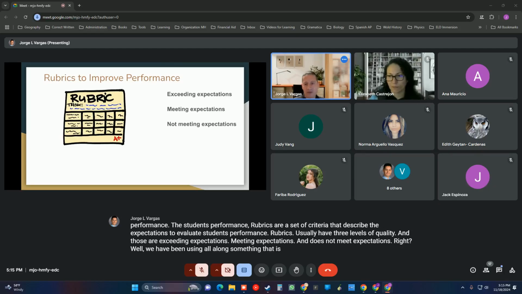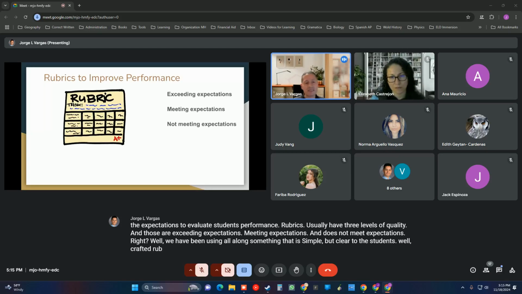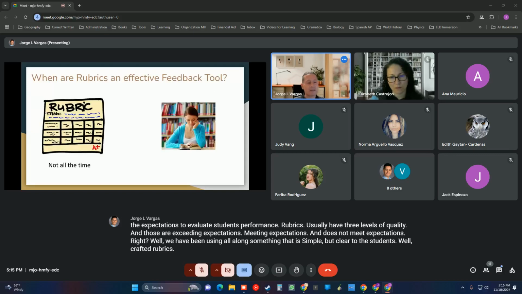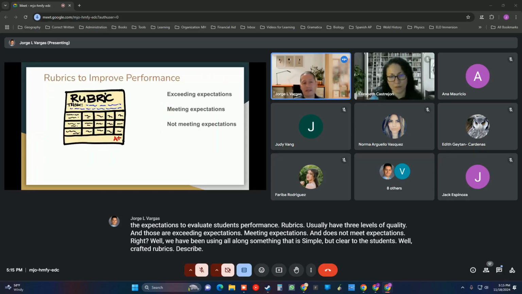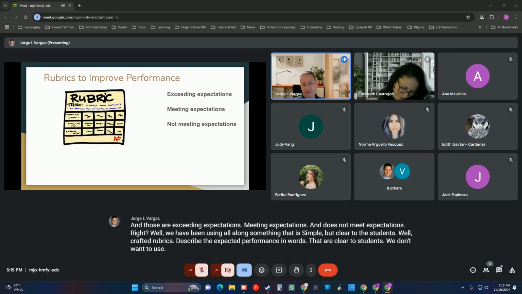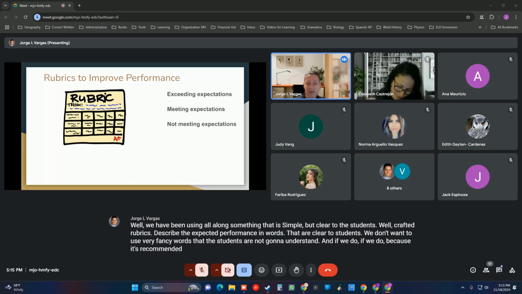And if we do, because it's recommended to use academic language with students, we need to make sure that they understand the meaning of that word or of that expectation. We need to make sure that our students understand the rubric so they can perform accordingly. So rubrics are a good tool to assess our students' performance.